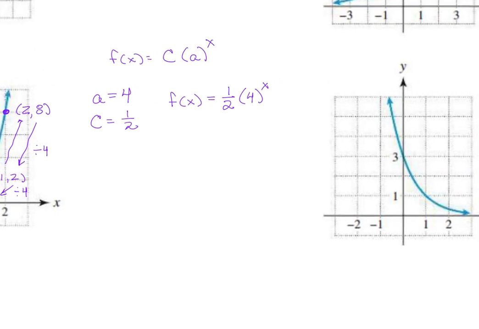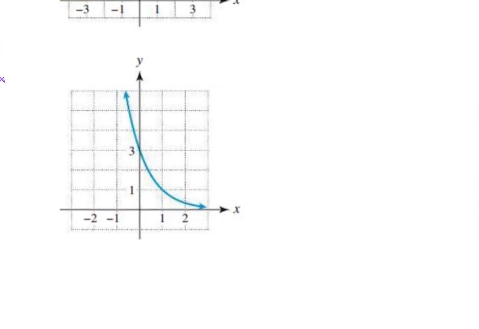All right, last one. Let's see what we can do here. We have a nice y-intercept. The y-intercept is (0, 3). And so I know that c is equal to 3. Okay, now we want to figure out how we get from this point, (0, 3), to the next point, which is (1, 1).